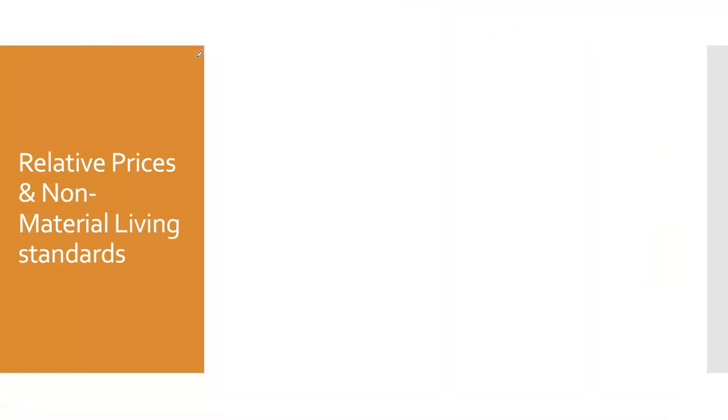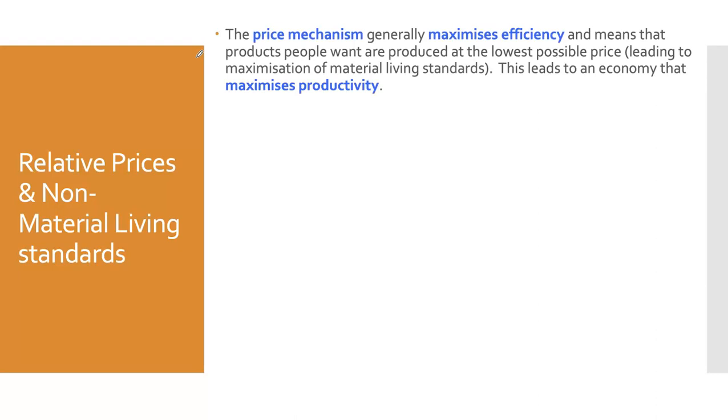Now, is this a perfect argument? There is an argument that the price mechanism maximizes efficiency, and that means that things are produced at the lowest possible price, leading to the maximization of material living standards.